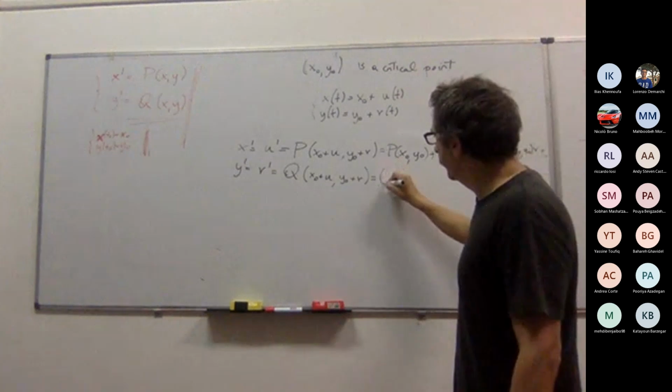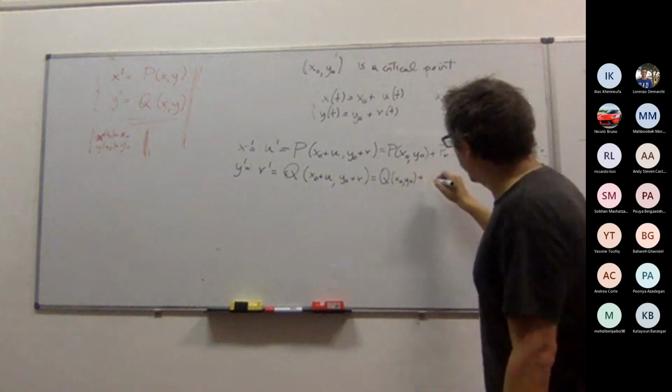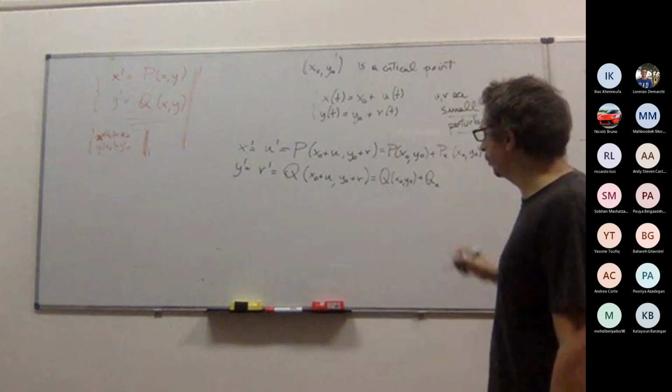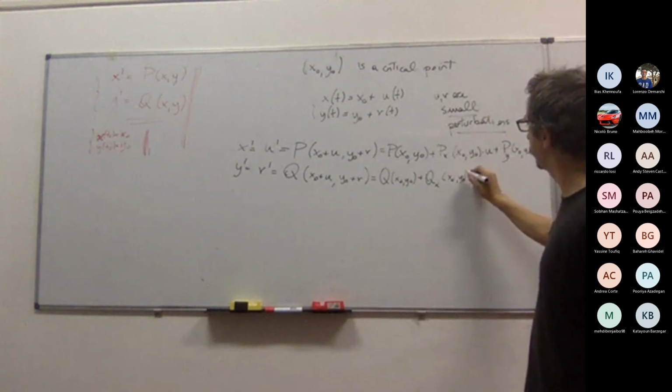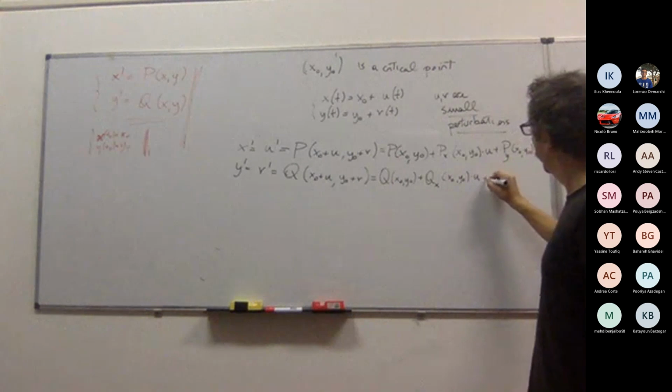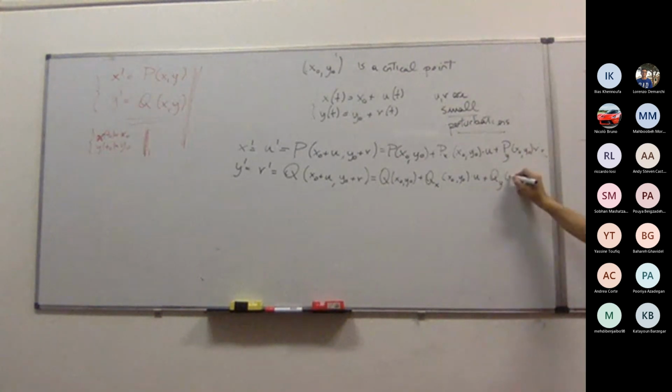The same here: Q evaluated in x naught, y naught, plus the derivative of Q with respect to x evaluated in x naught, y naught times u, plus the partial derivative of Q with respect to y evaluated in x naught, y naught times v, plus higher order terms that I don't care about.